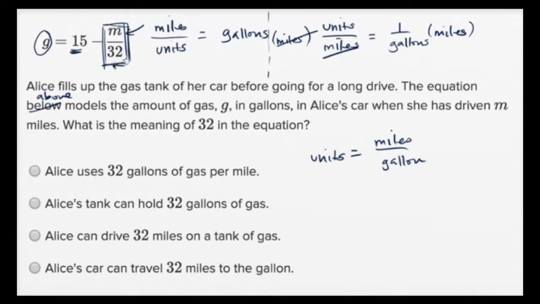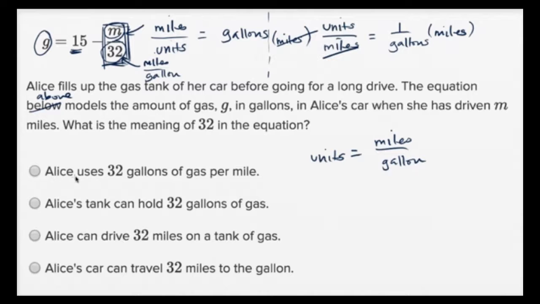So in order for this to come out to gallons, in the numerator you have m miles divided by 32 miles per gallon. This is telling you how much mileage you get per gallon for her car.